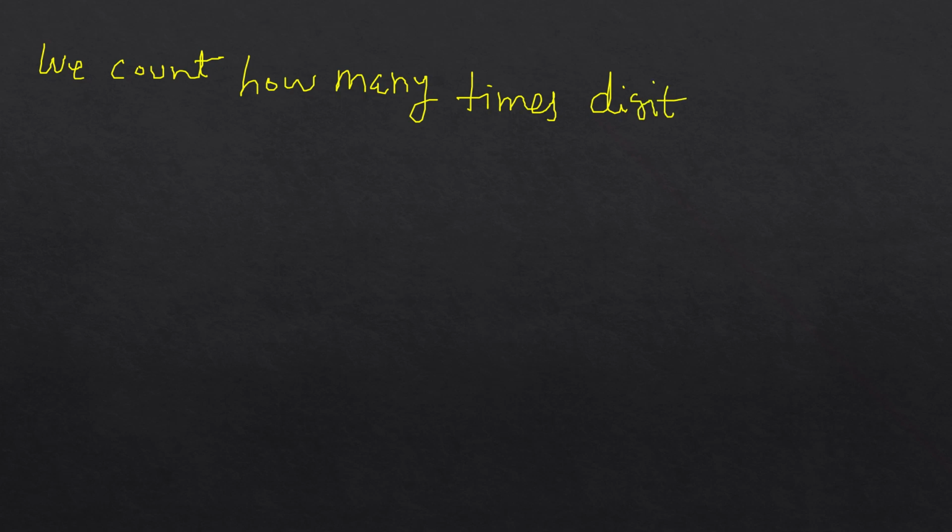This kind of question can be solved with the help of the place values concept. In this question, we count how many times the digit 5 appears in each place value.